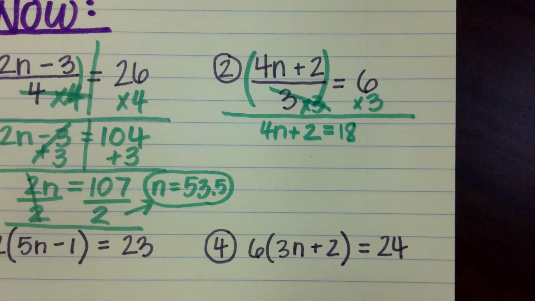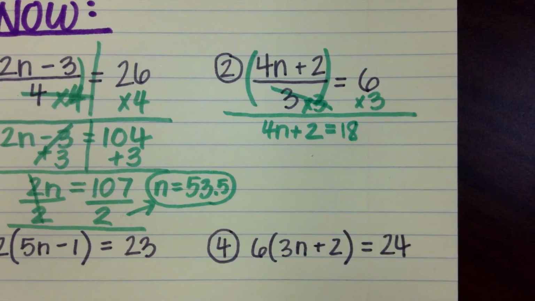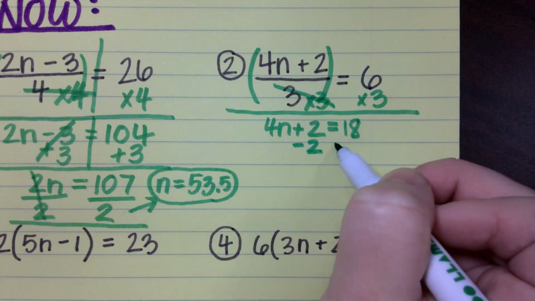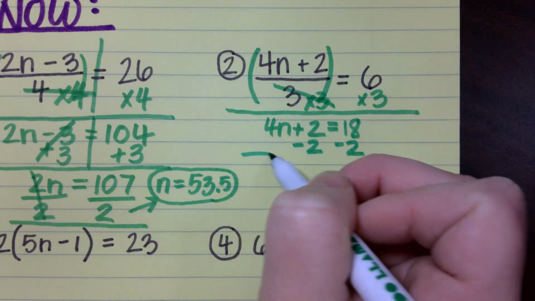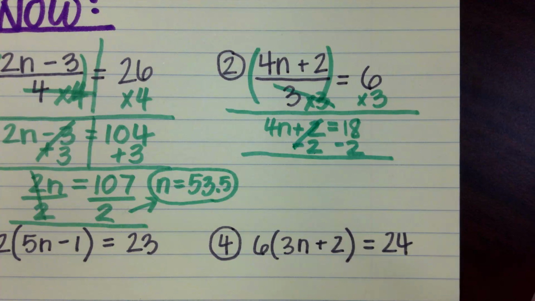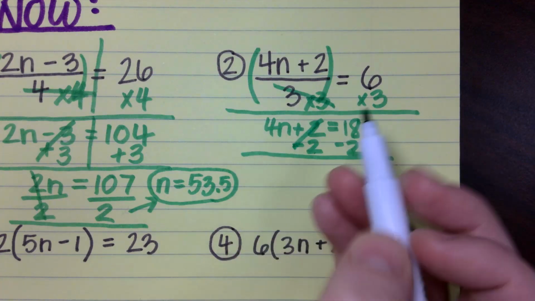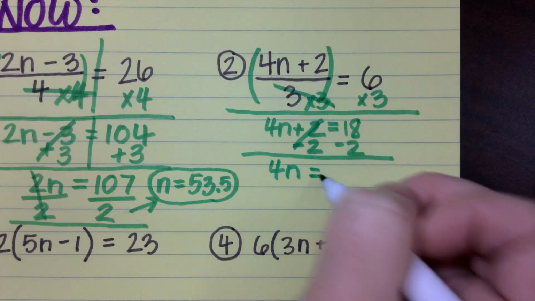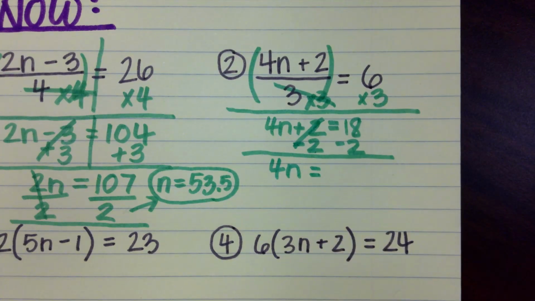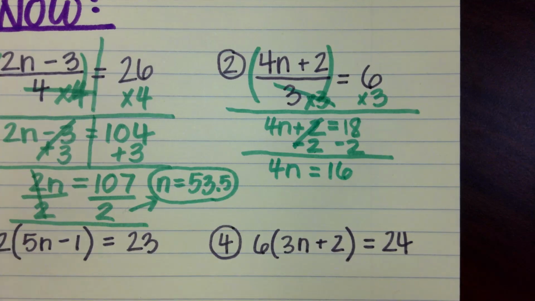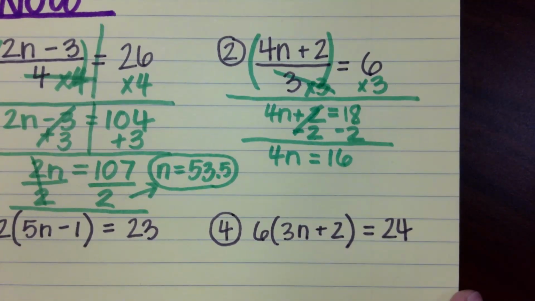All right. What's next? We're going to subtract 2. Good. We're going to subtract 2 from both sides. My 2's are going to cancel. On this side, I'm left with 4 times n equals, what is 18 minus 2? 16. Good. All right, what's my last step? You're going to divide by 4.